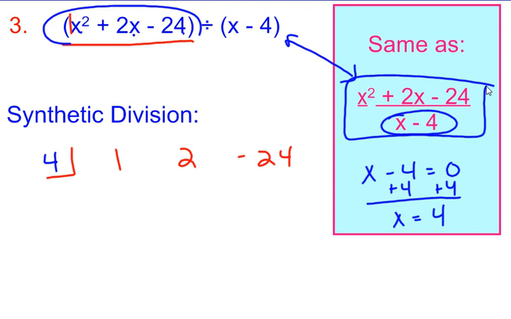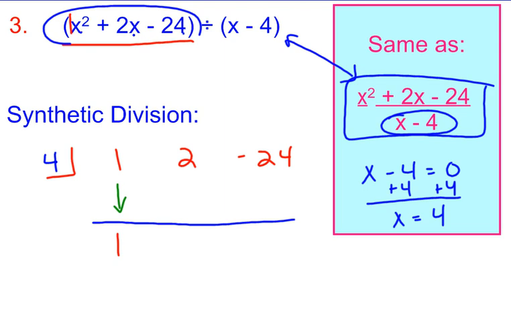So now from here, I'm going to draw this line. Notice I'm just giving myself some space here, so I can write some numbers in that second row. So I'm going to draw a line here, and always with synthetic division, your first term gets brought down. So I'm going to put a 1 here. Then, and you're going to have to pay attention to this and maybe make some notes on how to do this.